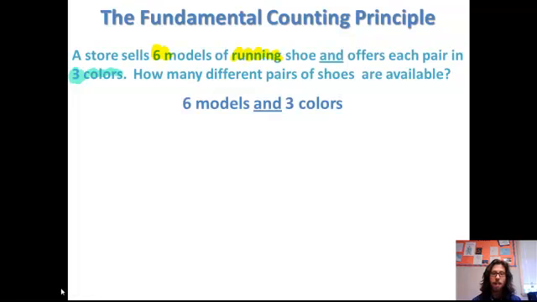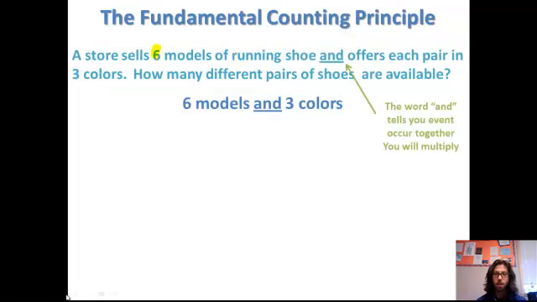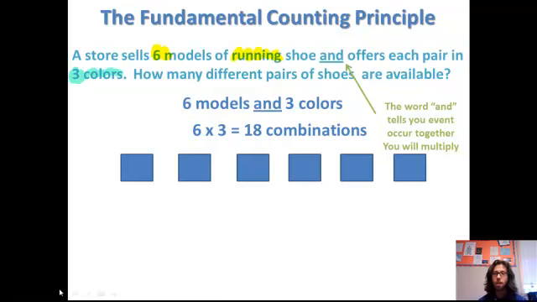So we could say, well, we have 6 models and 3 colors. And what we're going to end up doing is multiplying, but I wanted to show an example here and make it clear. So this would be an example of 6 blue shoes, or the 6 different models. So model 1, model 2, model 3, model 4, model 5, and model 6.